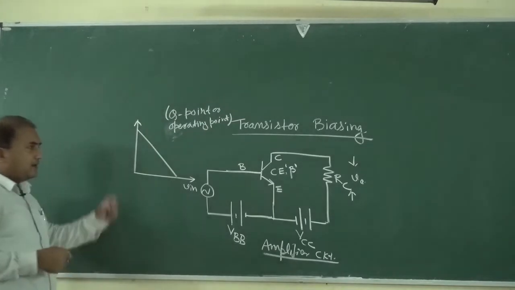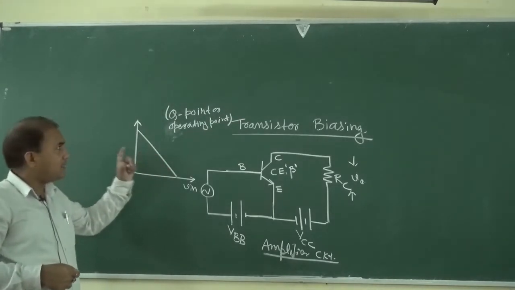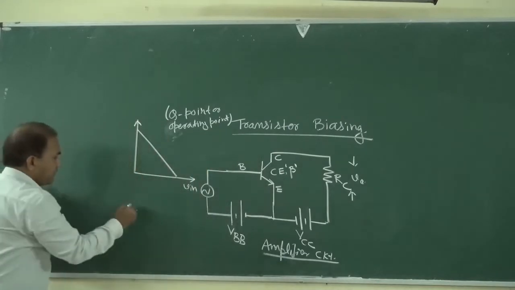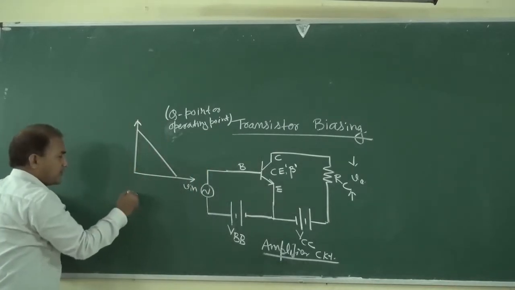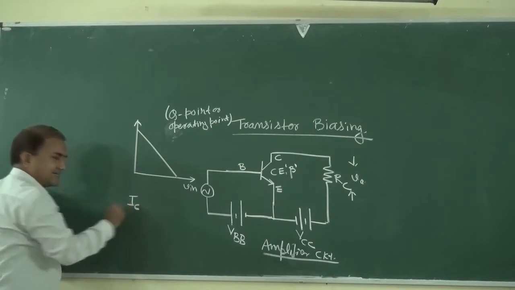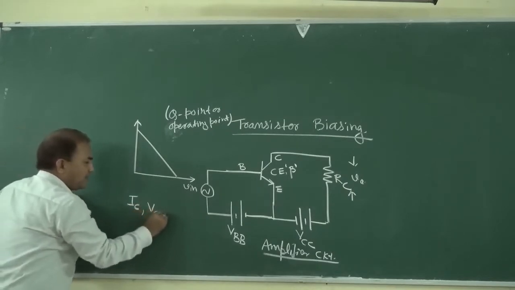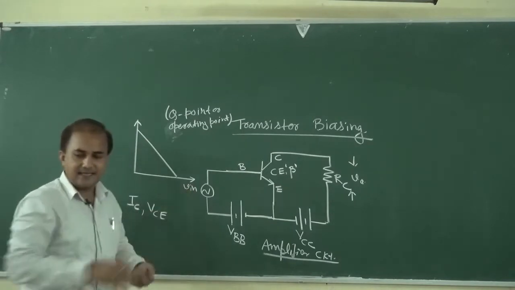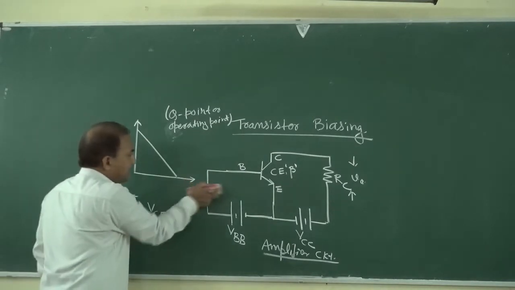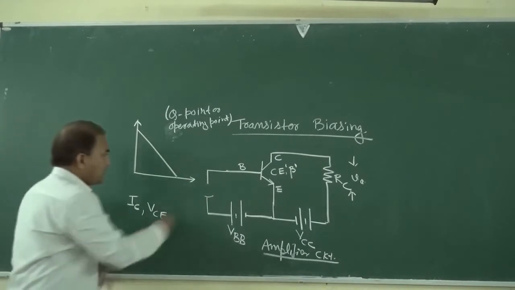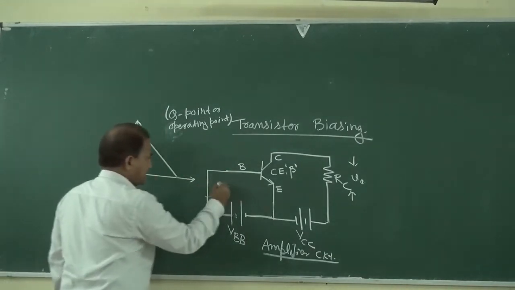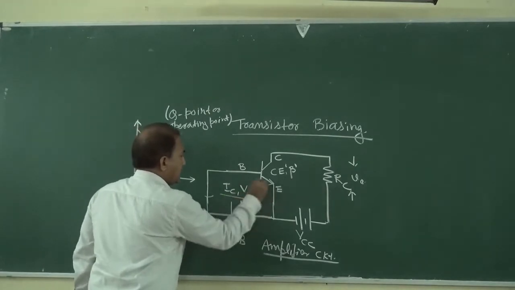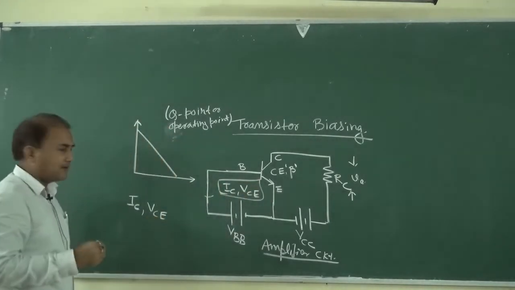What is the Q point or operating point? It is the value of IC and the value of VCE when Vin is 0. That is, when Vin is 0, what will be the value of IC and VCE? This determines the Q point.